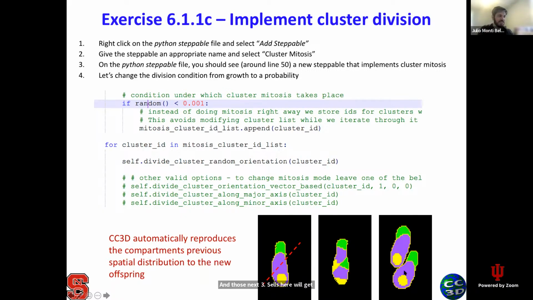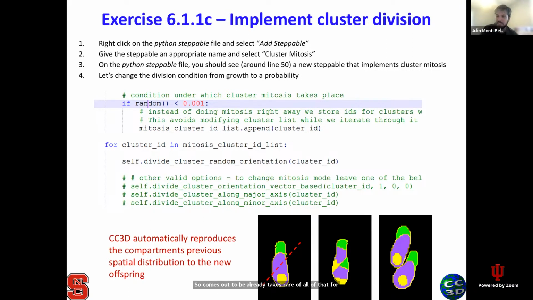So you not only divide and reproduce whatever arrangement of compartments you had before, you also make sure that the 2 other cells will have different cluster IDs. So CompuCell 3D already takes care of all of that for you. You don't have to worry.